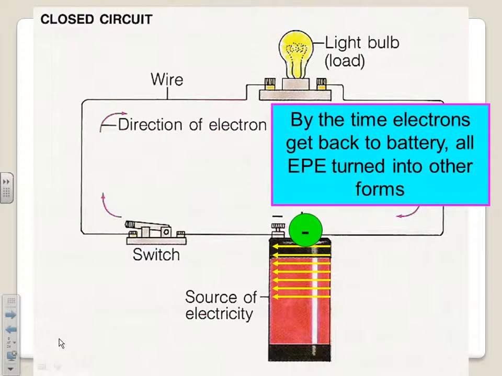By the time the electrons complete their trip of the circuit, they will have transformed all of the electrical potential energy that the battery gave them into other things. That's what the battery does. It provides energy to the electrons, and then those electrons travel through the circuit and turn that potential energy into other kinds of energy.